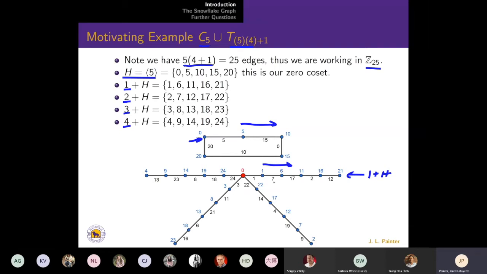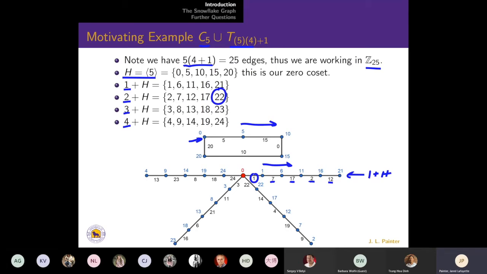And what happens is, if you check the edge labels, other than this 1 here at the beginning, these are all elements in the second coset. So when I add two elements from the first coset, I get back an element from the second coset. And so that's almost all of our vertex labels from the second coset. The only one we're missing is the 22 up there.